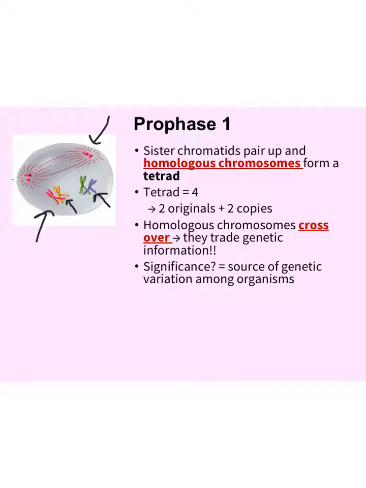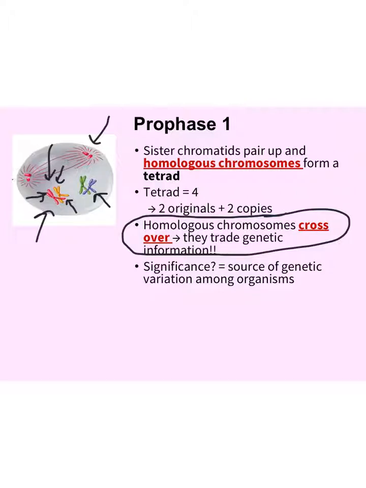Well, that is a process called, and this is going to be extremely, extremely important, crossing over. This is where homologous chromosome pairs, for example, we'll say the red one there is from mom and the yellow chromosome is from dad, trade genetic information. The red chromosome is going to give some of its genetic information to the chromosome from dad.